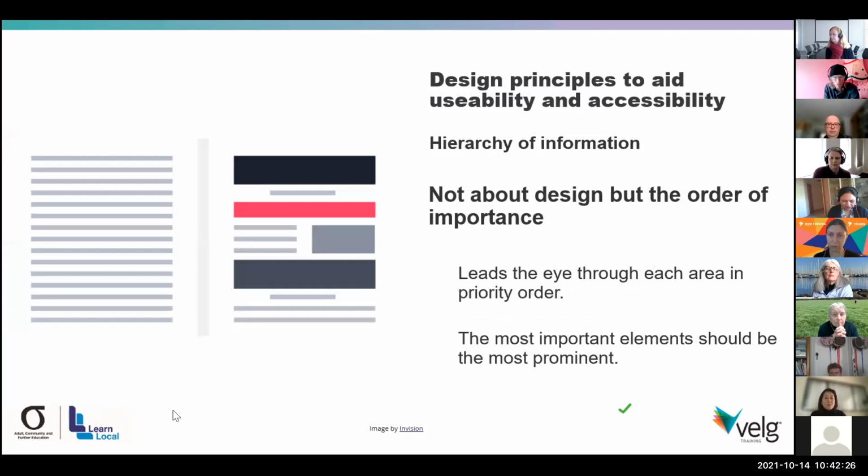Then the hierarchy of information, a few people have talked about this. It's not really about a design, but about how you signpost the important information from another. So if you think about a newspaper article, we've got a headline, and then you might have a byline. You might even sometimes have a subheading, which gives you a little bit more information. And then you've got the body of the information. You might have a chart in there, and you might even have an image.